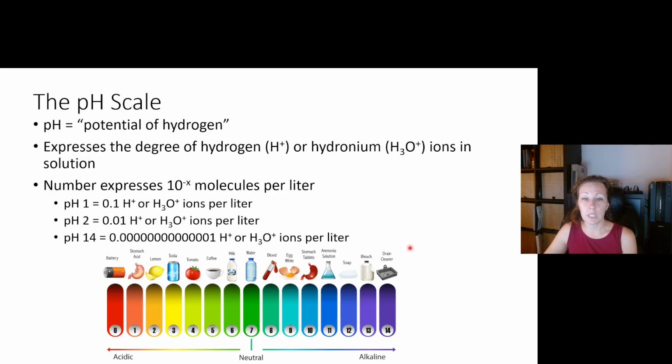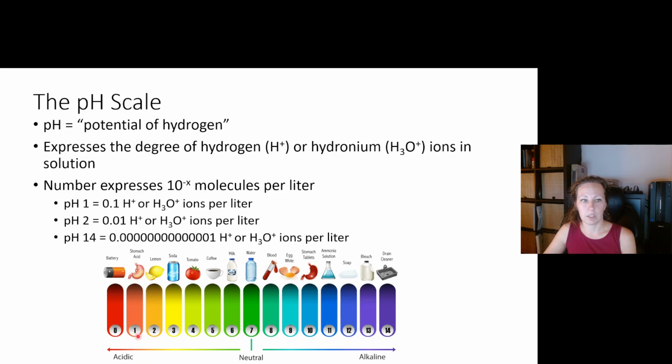So pH 14 would have a hydroxide ion level that is the highest it can be, and pH 1 would be a super low concentration of hydroxide ions. You've probably seen a figure like this before. Battery acid is so acidic it's almost pH 0.